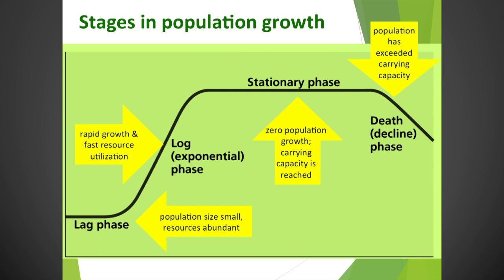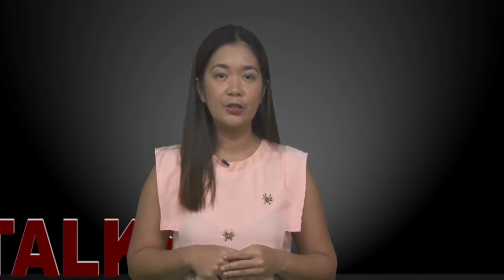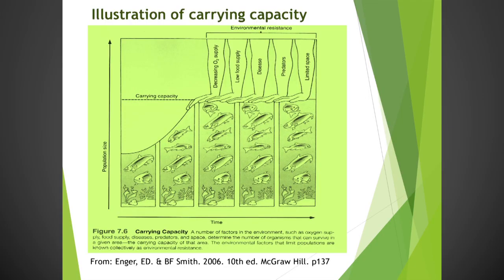And at that point, competition and other biotic interaction also increase, thereby leading to what we call the death phase. At this point, the population has exceeded carrying capacity. So this is another illustration wherein after the lag phase, the carrying capacity is reached, showing you biotic interaction pushing onto population size.